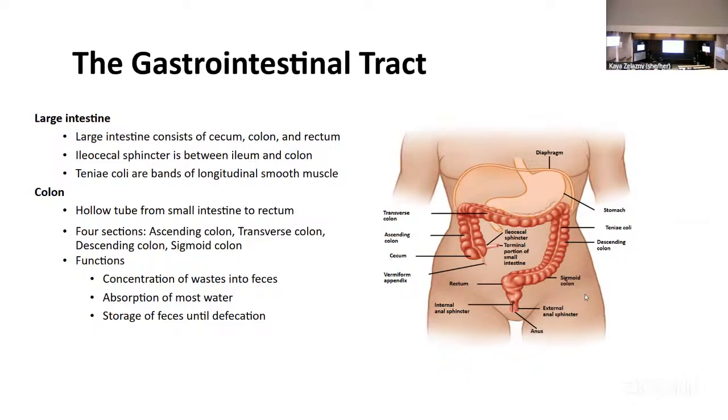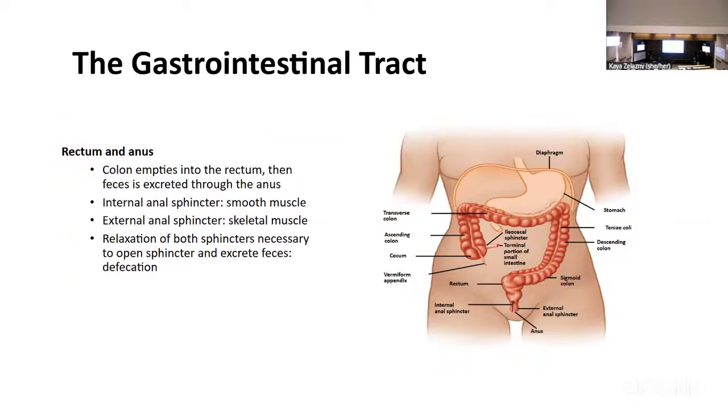And our overall goal is to concentrate stuff, right? So our chyme that we are passing into the small intestine, pretty watery, pretty fluid-like. So by the time we get to defecation coming out of our anus, right, we want that waste product to be relatively solid, okay? So to do that, we're going to be absorbing a bunch of water in particular, and we're going to store feces until defecation, which is hopefully voluntary.